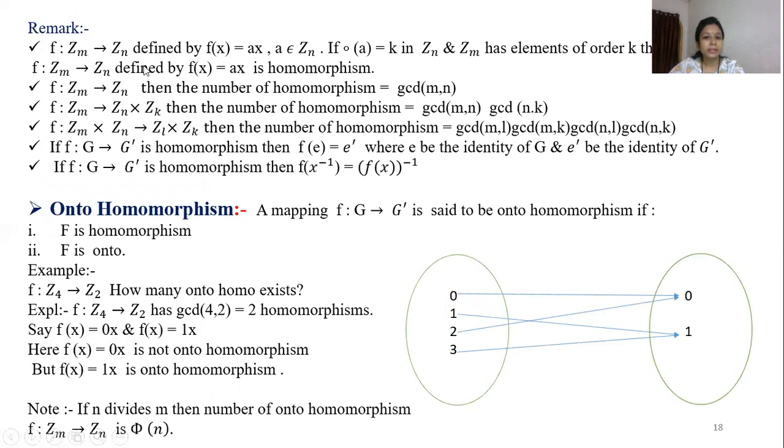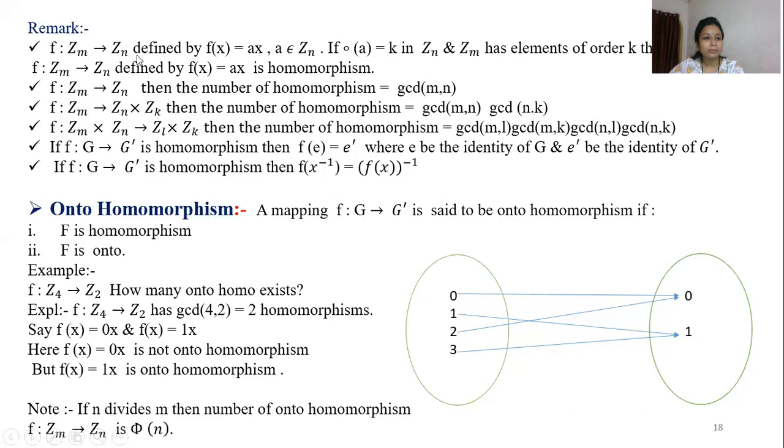See, this is very important: how to say whether f, a mapping from Zm to Zn defined by f of x equals Ax, where A belongs to the codomain Zn, is a homomorphism or not. How to check? First of all, find out the order of that element in the codomain. Suppose the order of A is K in the codomain Zn.